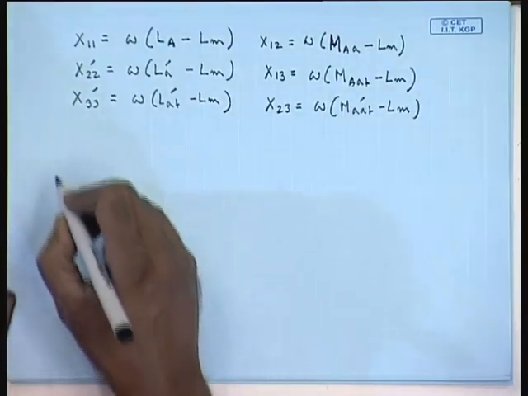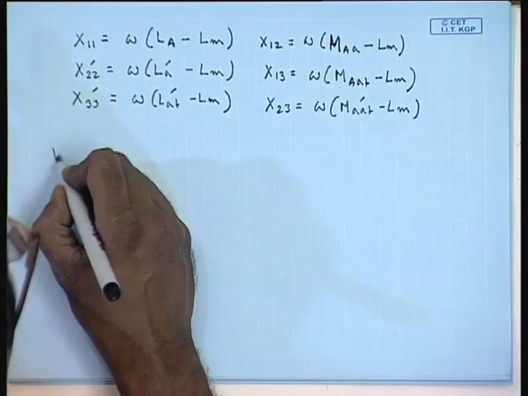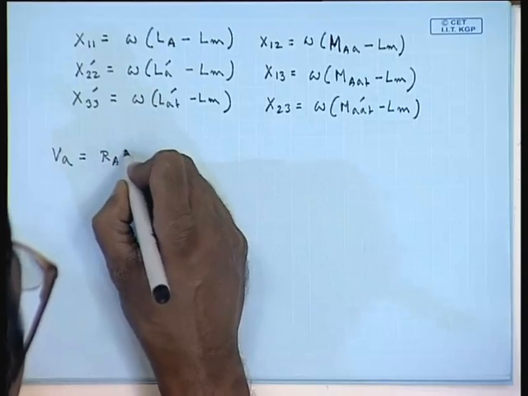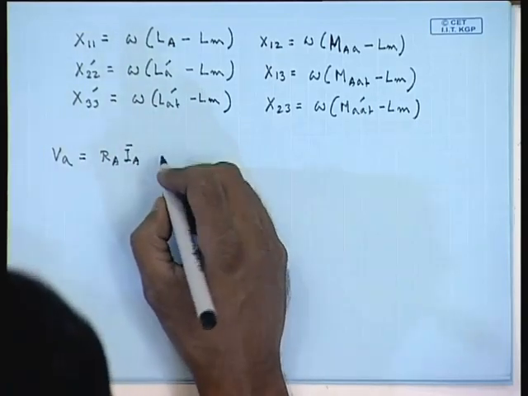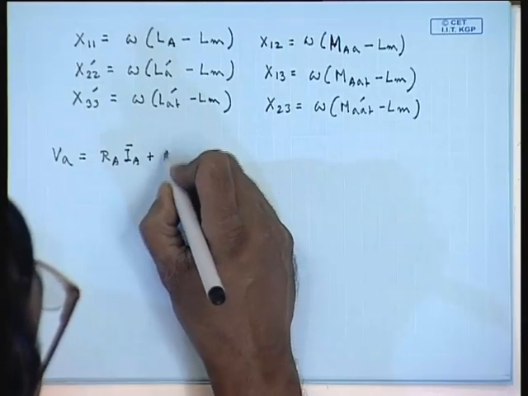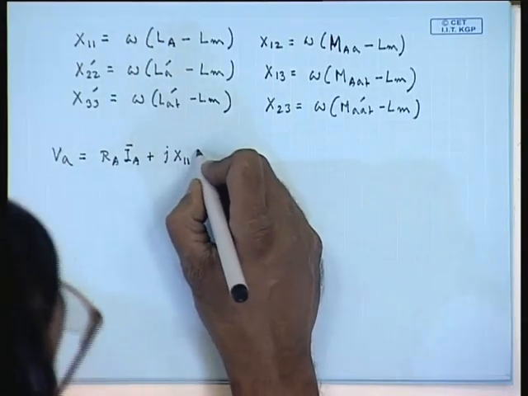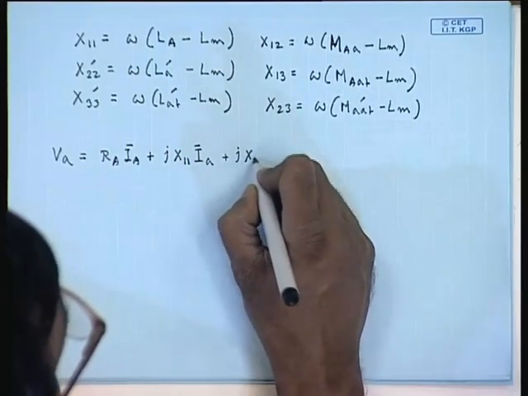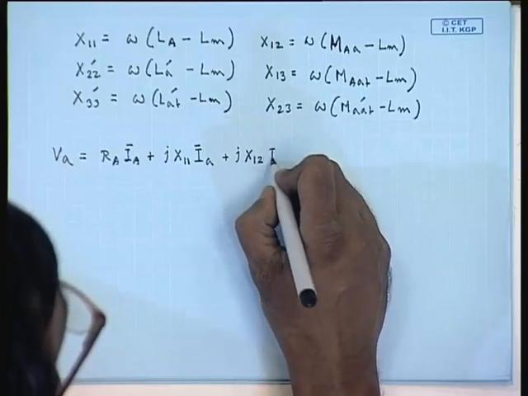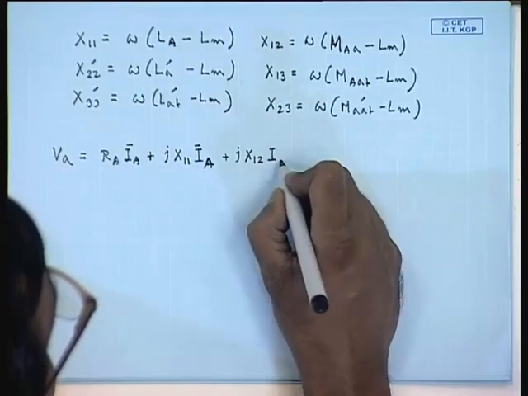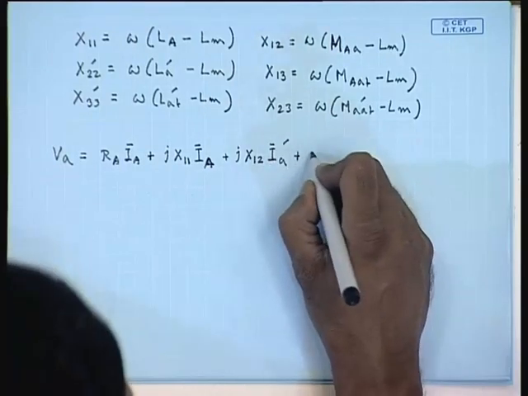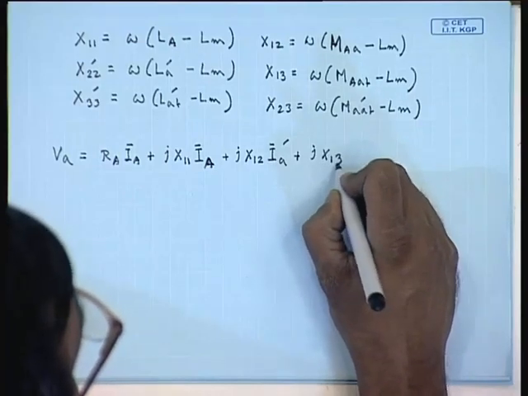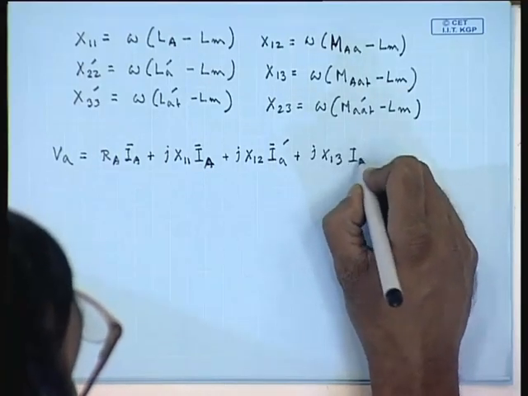Then we can write V A equal to R A I A plus j x11 I A plus j x12 I A dash plus j x13 I A T dash.